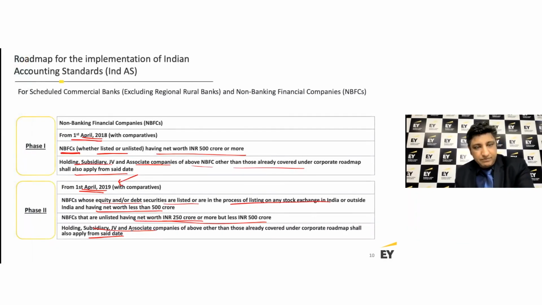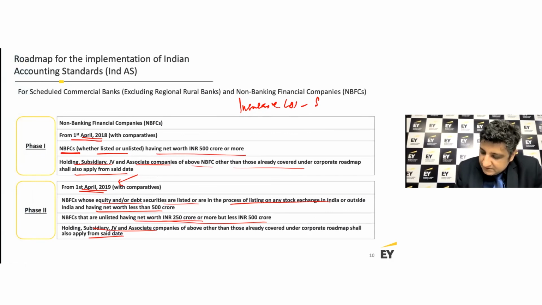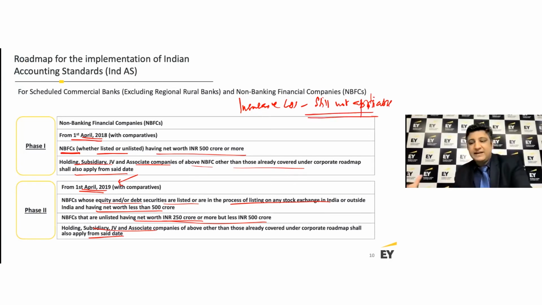By the way, also importantly, for insurance companies it is still not applicable. The government has been deferring that because the insurance industry is presumably a fairly complicated industry, a fairly complicated business. That's the reason why it is not being addressed at this point in time.